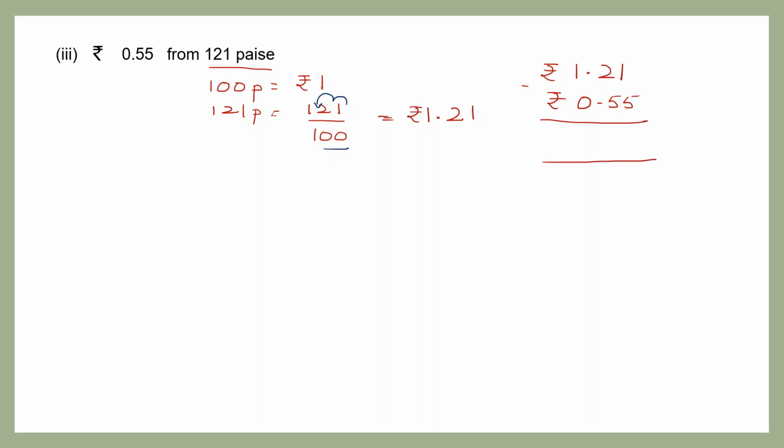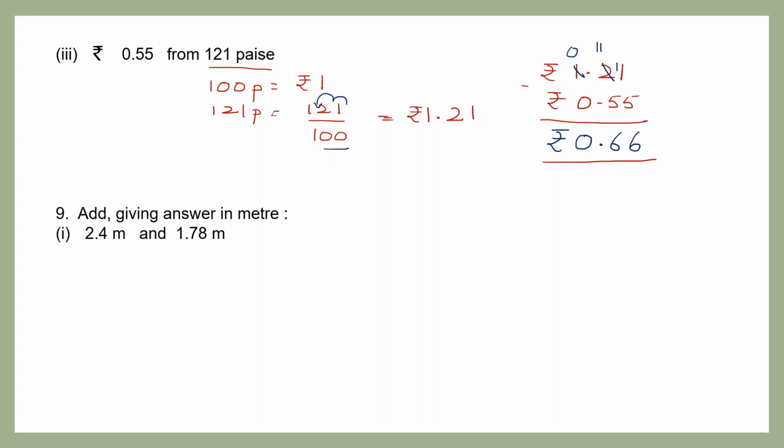The first number, 1 is smaller than 5, so I borrow. 11 minus 5 is 6. Again, I can't do 1 minus 5, I'm going to borrow. So this becomes 0 and 11. 11 minus 5 is 6. Point 0 minus 0 is 0 rupee. So my answer is rupees 0.66.